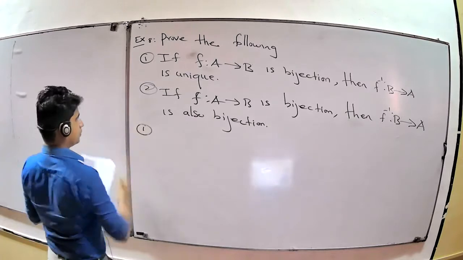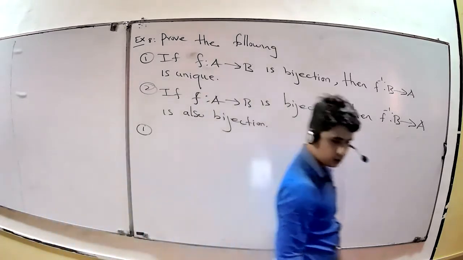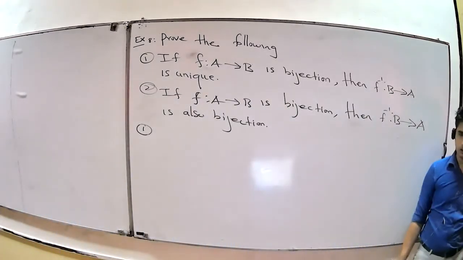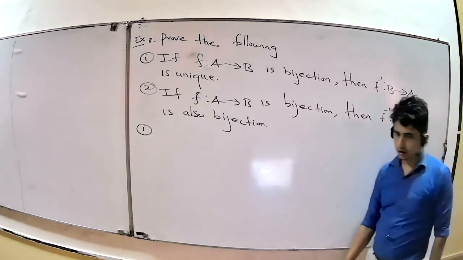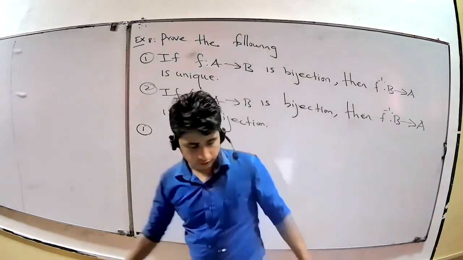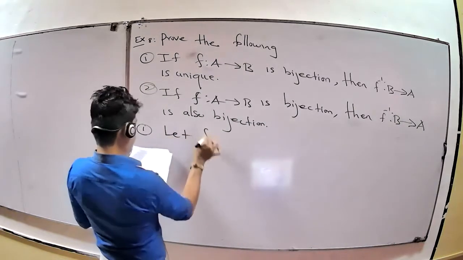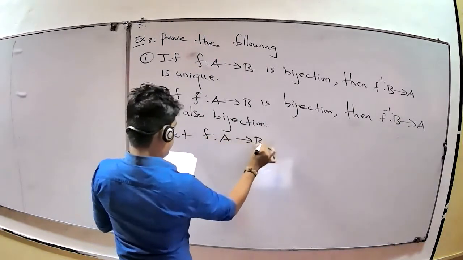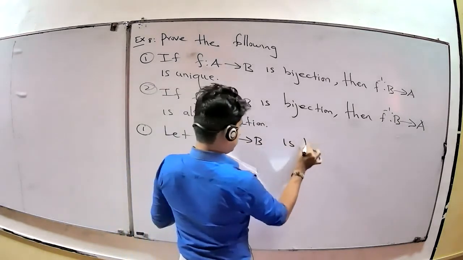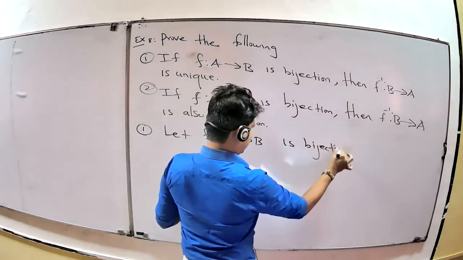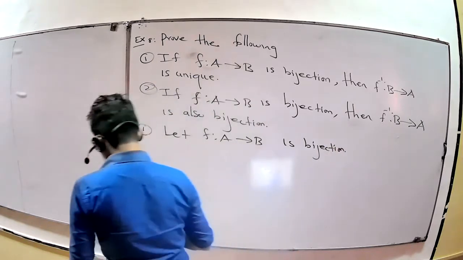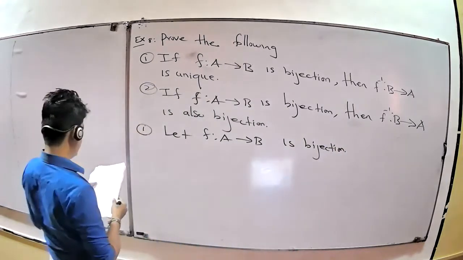For the first part, suppose f from A to B is bijective, then f inverse is unique. The inverse mapping is unique. Let f from A to B be bijective. Then you can find two inverses of this f.